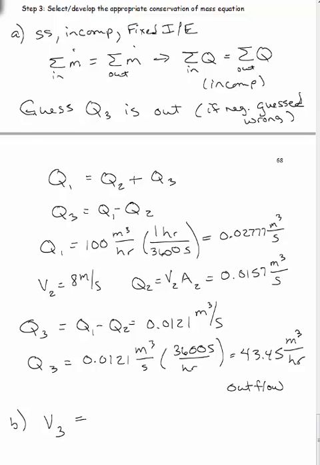We can use the same equation, Q equals V times A, to find an average velocity. Rearrange: V3 equals Q3 over A3. Solving for that, we get 9.6 meters per second. Again, A3 is pi over 4 D3 squared. All right, that's it.